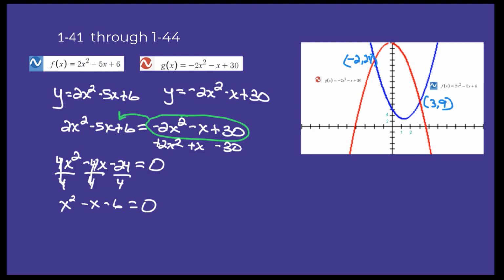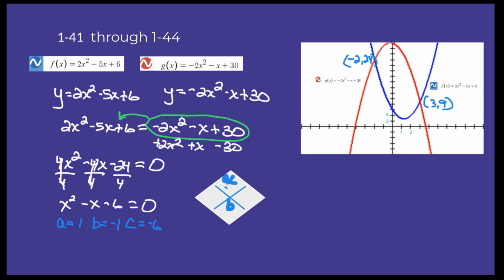Okay? And if you remember, I like to use the diamond method, so let me draw that. So with this diamond method, if you remember, we put AC and B down here. Let me change the width of my pen, much better. Okay, AC in this case is going to be, so A equals 1, B equals -1, and C equals negative 6.